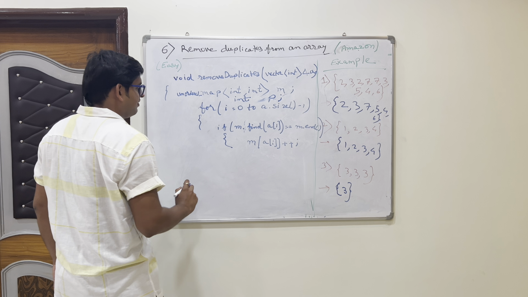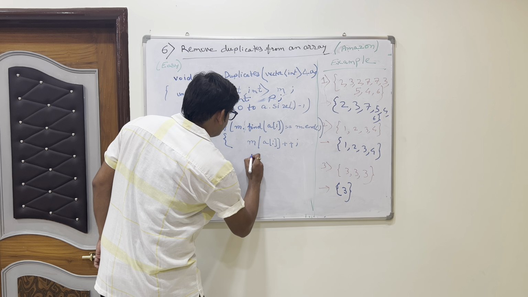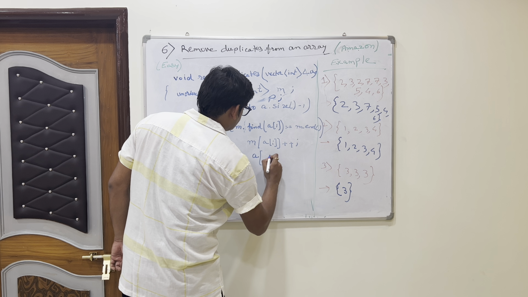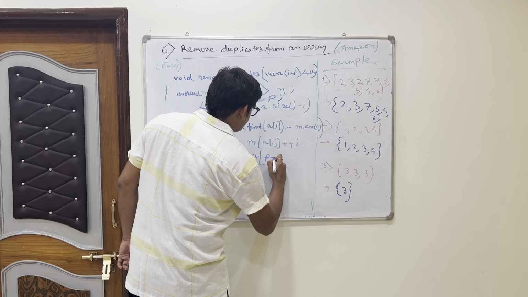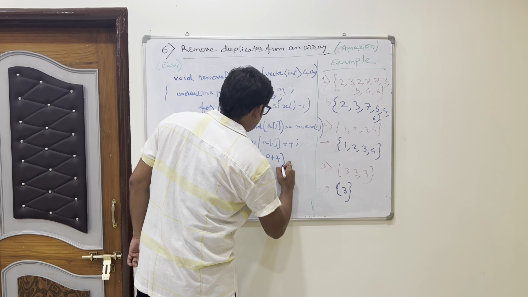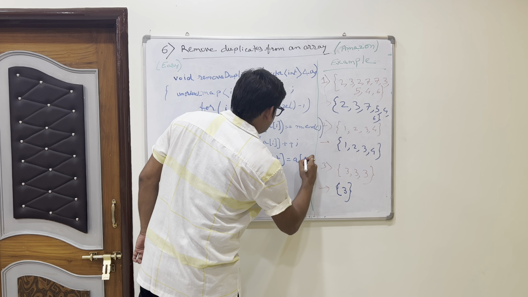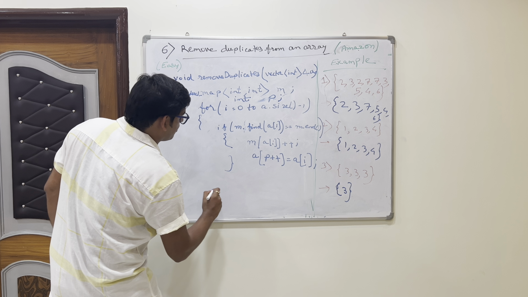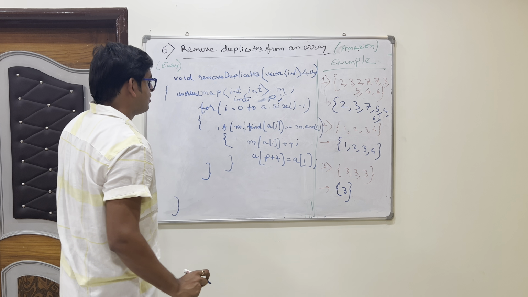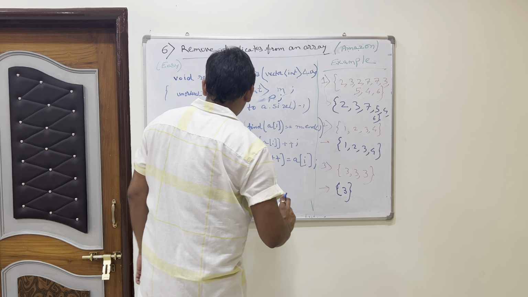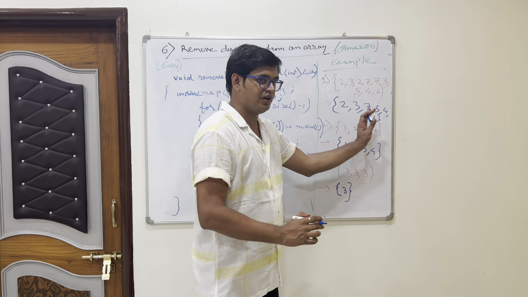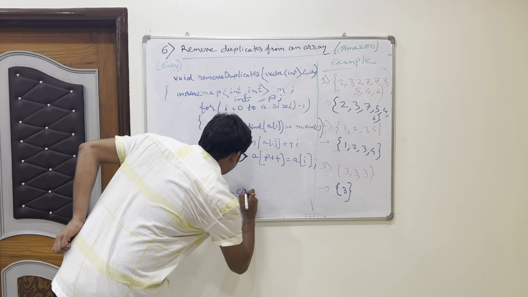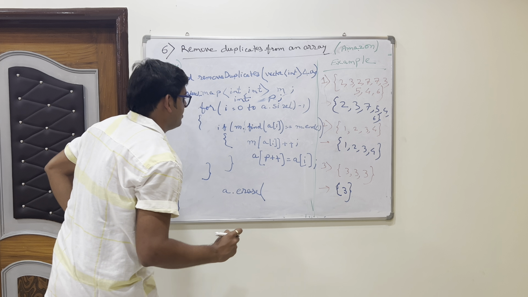So we have this p variable, and what we'll do, we will store this value in the vector, updating the vector value, and if it is not there, we will not take it. So this p will keep on increasing, and after we have all the unique values, what we will do is we will erase the other elements.